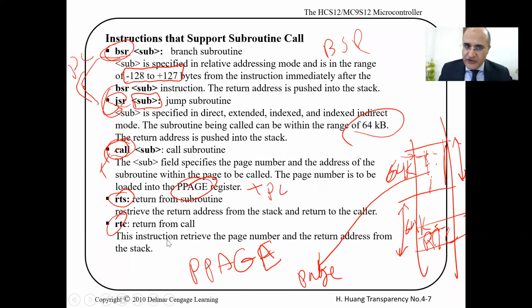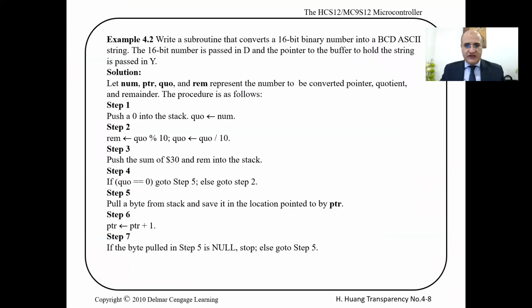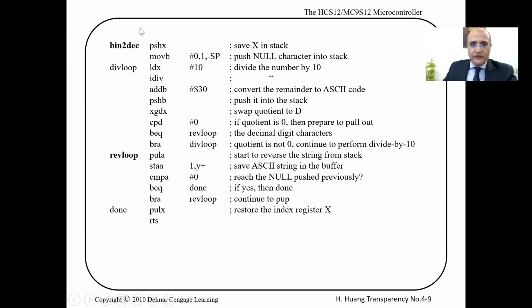We actually use subroutines. If you want, these are examples. This is the BCD ASCII code example I did in the flipped classroom demo lecture. This is the same code, but instead of writing this code in the middle of the big program, he wrote it underneath, made a label, binary to decimal, colon, and then RTS.